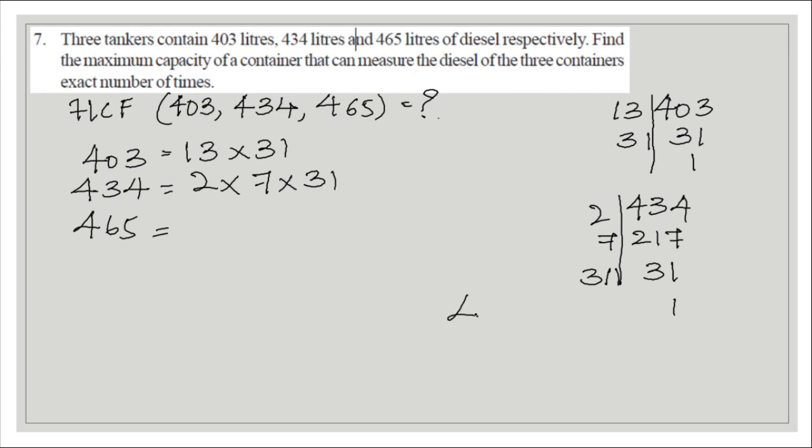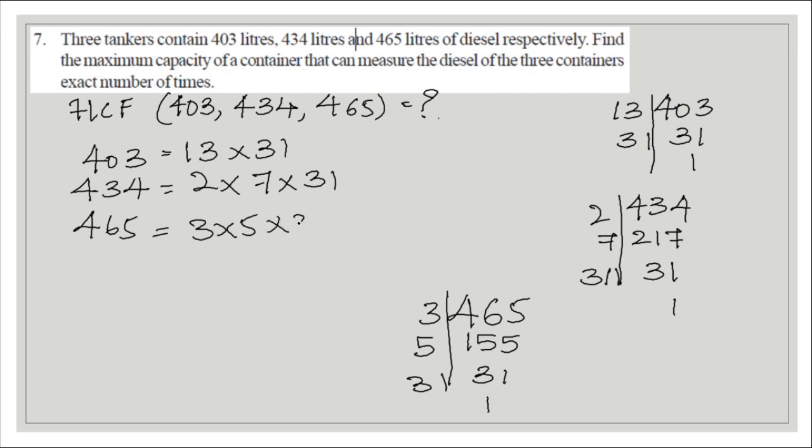Next we have 465. 465 is divisible by 3, 3 fives are 15, again 5 threes are 15, 5 ones are 5, so 31 one time. So it's 3 multiplied by 5 multiplied by 31.